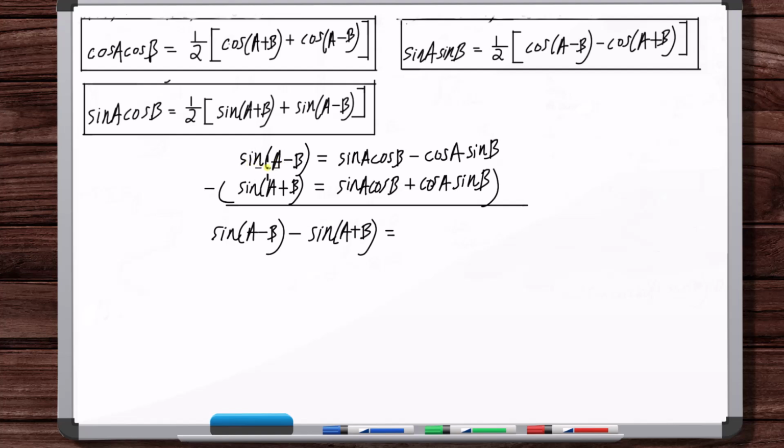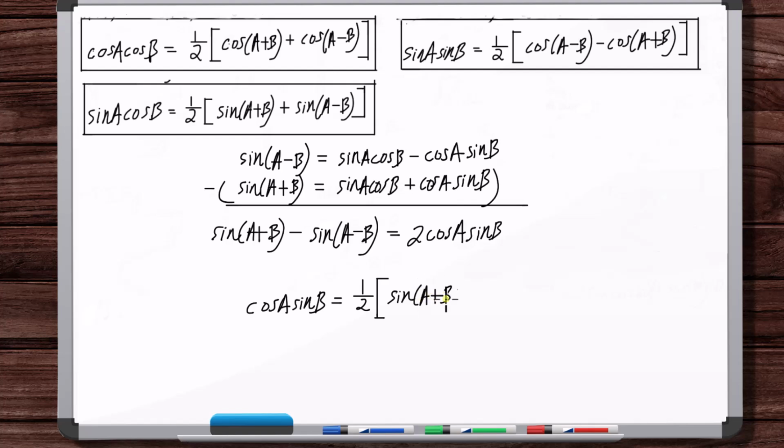Let's subtract sine of A minus B from sine of A plus B. So we would have sine of A plus B minus sine of A minus B is equal to, so these two subtract out, but then you're going to have cosine of A sine B minus cosine of A sine of B. So that would be 2 cosine A sine B. Therefore cosine A sine B is equal to 1/2 sine of A plus B minus sine of A minus B.